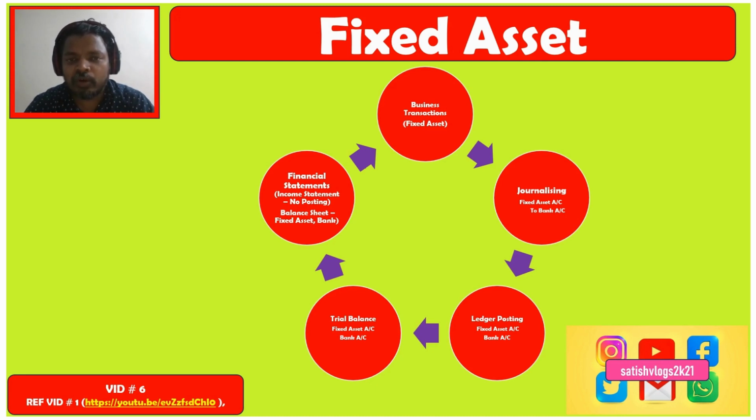Okay. So what ledger accounts are supposed to be created in the third phase of my accounting cycle? One is the fixed asset account and the other one is the bank account. So we will create these accounts in the ledger posting phase and the entries would be posted accordingly. Okay, hope this is clear.